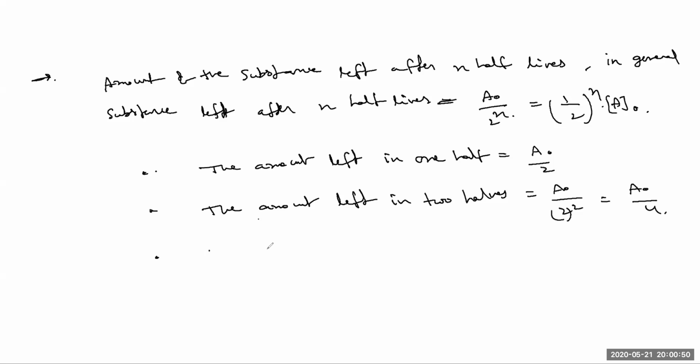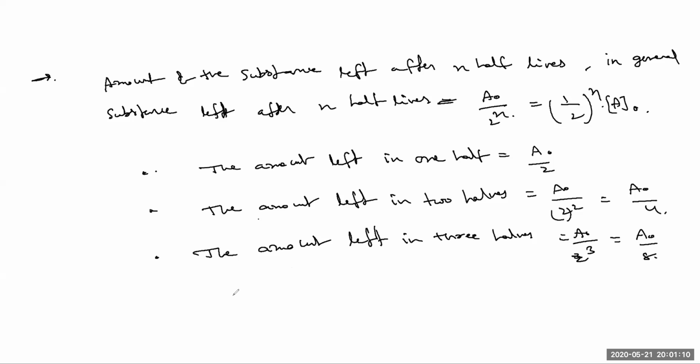The amount left in 3 half-lives is a naught by 2 cube, that means a naught by 8. So on, like this.